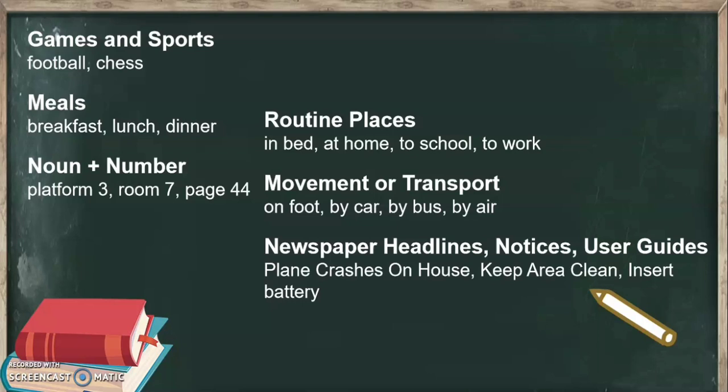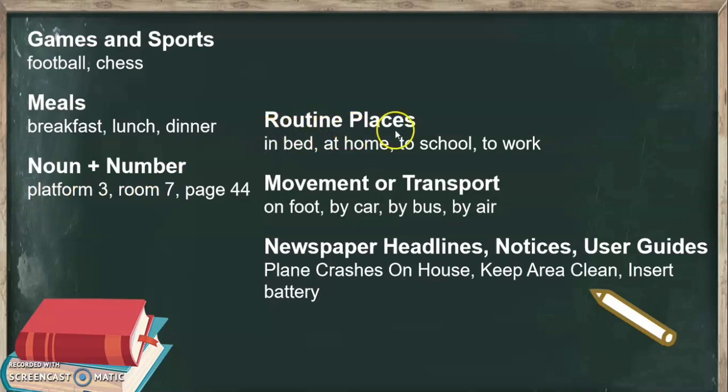Unless that's very specific, that is definite, so we use the article the. But if you're going to talk about these words in general, for example, football is amazing, we don't need an article for that. Same with meals, and noun and number together, like platform 3, room 7, etc.